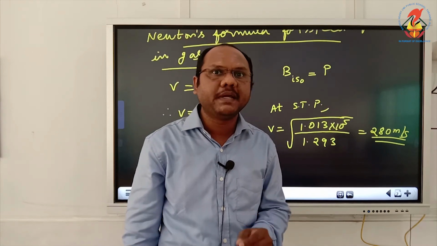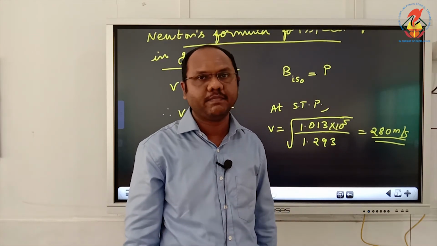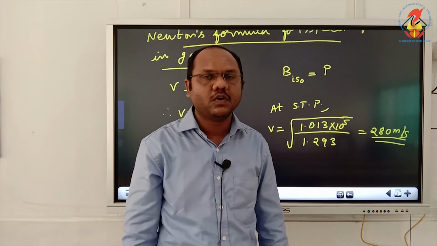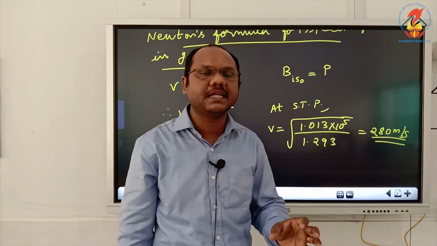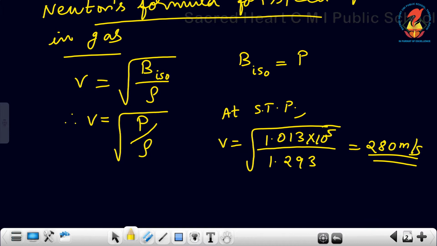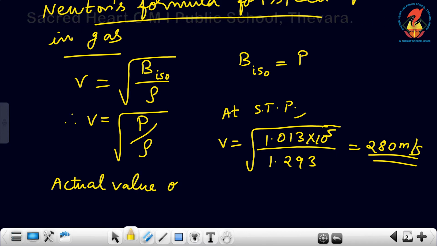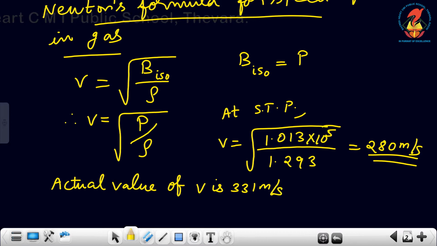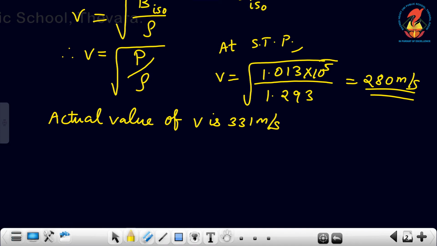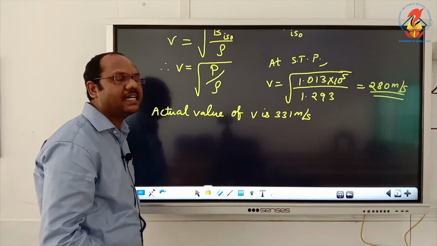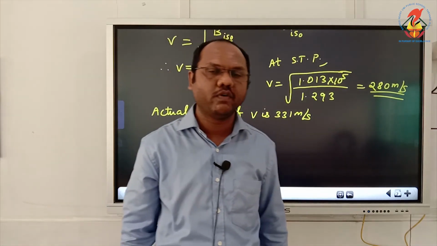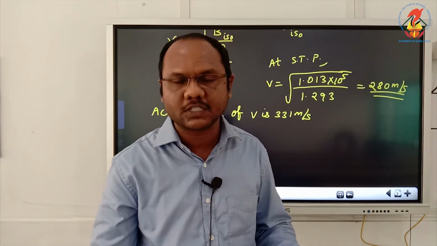But the real speed of sound is 331 meter per second. So, there is a 15% error. The actual value of V is 331 meter per second, so he got a value which is 15% lesser than the actual value.